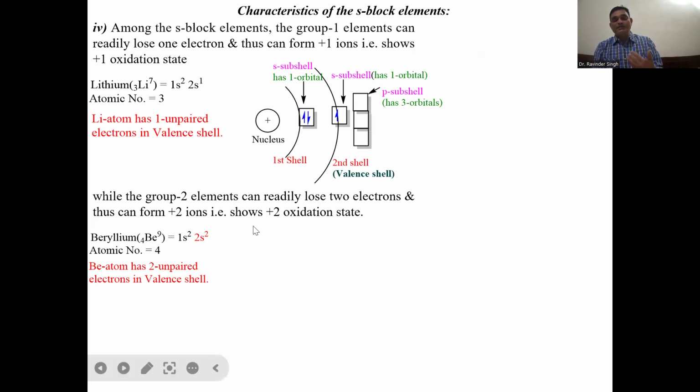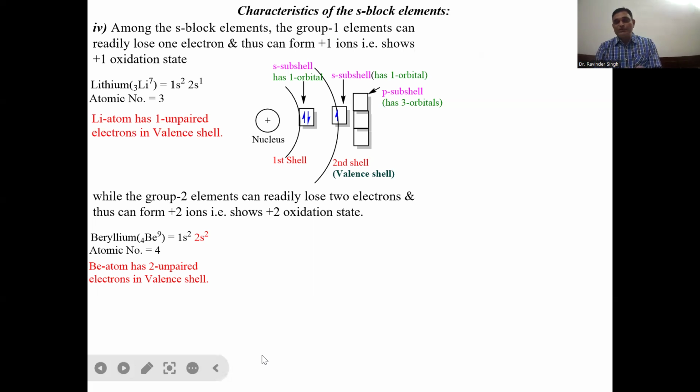Similarly, when an examiner asks why group 2 elements show the +2 oxidation state, you will simply write that in the valence shell of group 2 elements, there are 2 electrons which can easily be lost, and after losing these 2 electrons, they acquire the group 18 like fulfilled stable configuration. So they can show the +2 oxidation state.